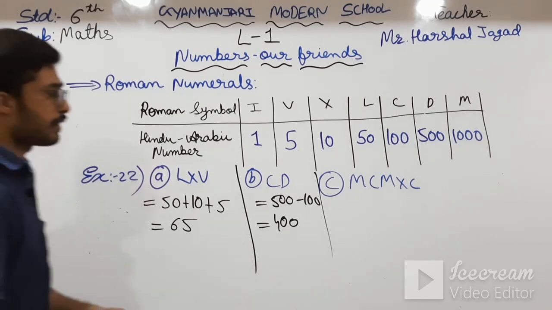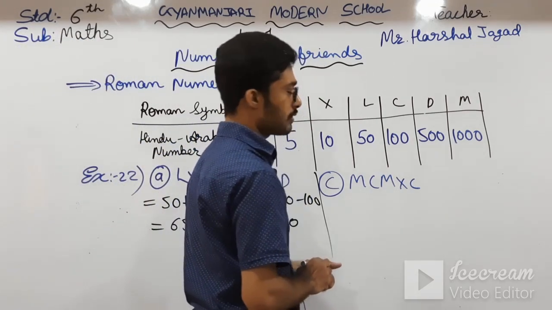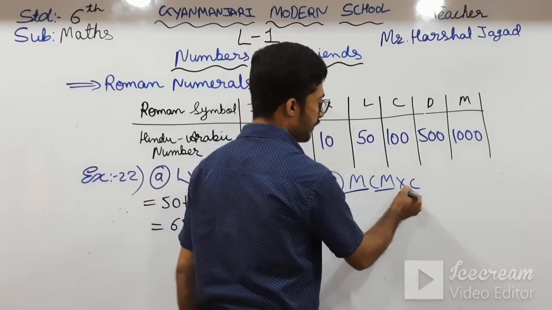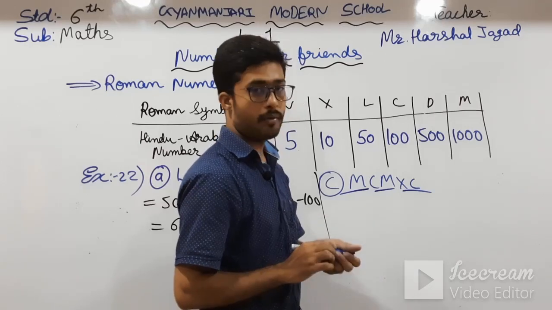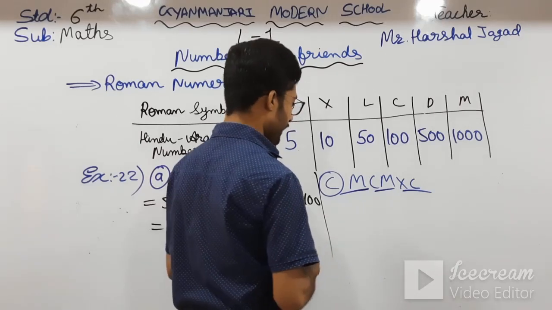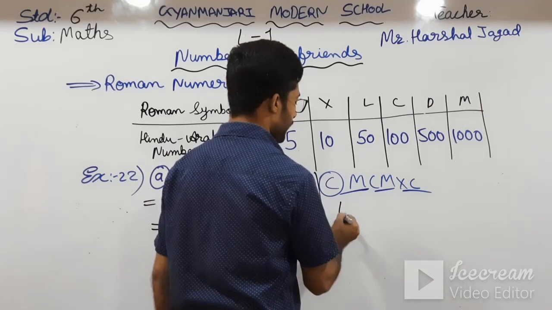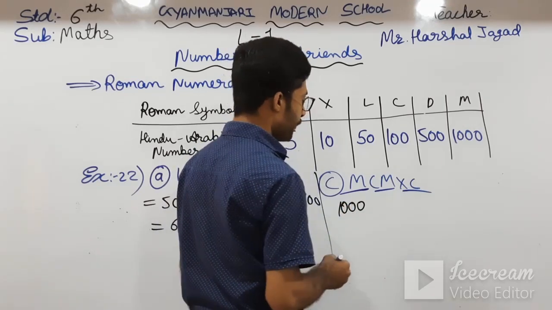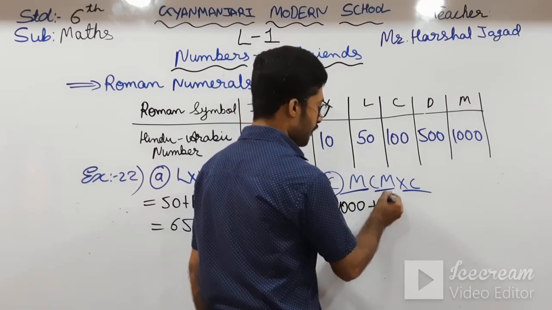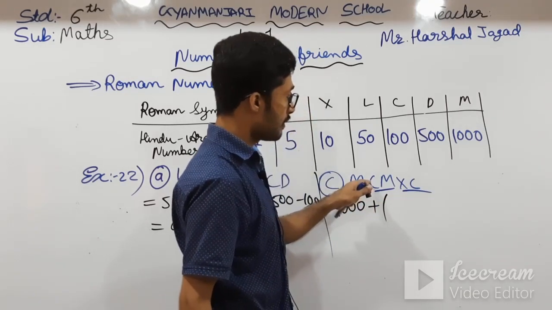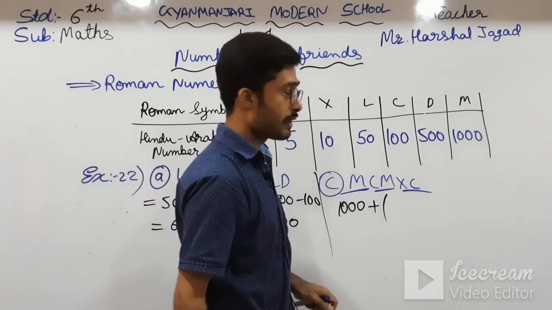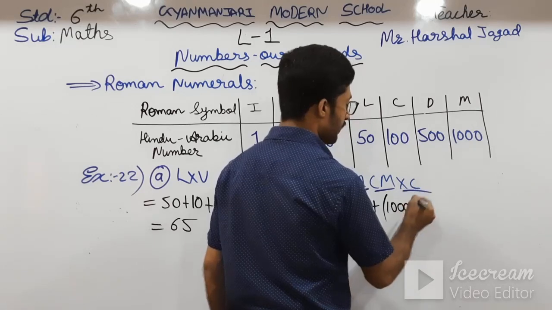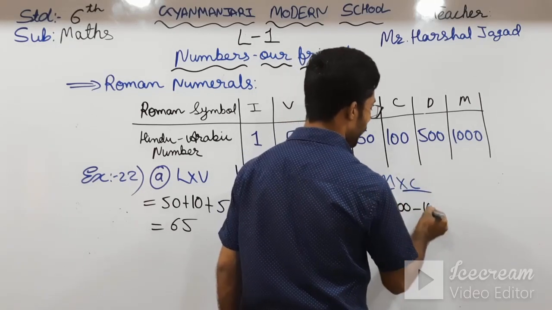So students, here we have to first of all split this. M is bigger, this part and this part. Okay students, we have done part of it. Here what is the value of M? That is 1000. Okay students, and then we have to add, but here C is smaller than M, so what we have to do is subtract: 1000 minus C, which is 100.